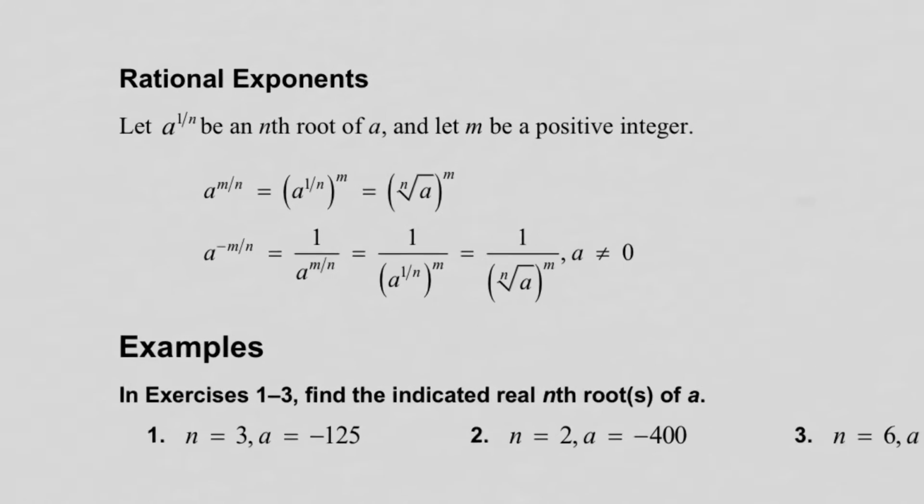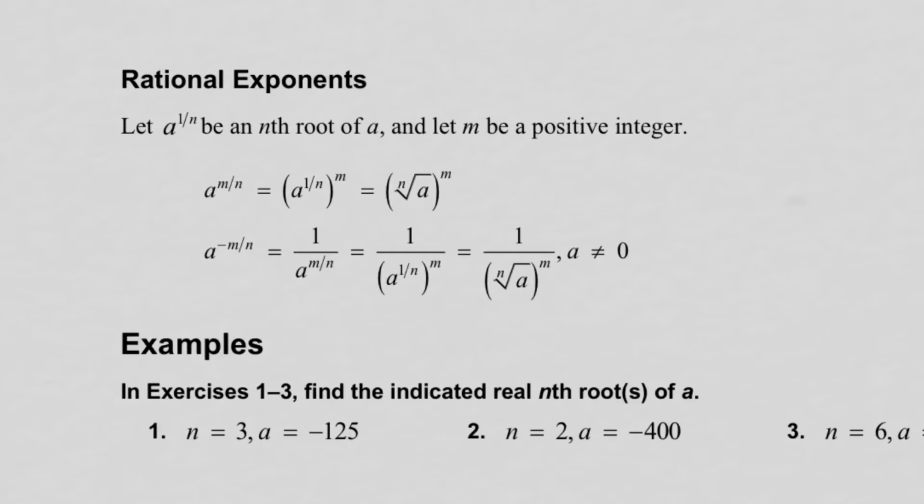So moving on down, rational exponents. It says let a to the 1 over n be the nth root of a, and let m be a positive integer. So what we're looking at is the vocabulary word for this. The m in this, that is our exponent.